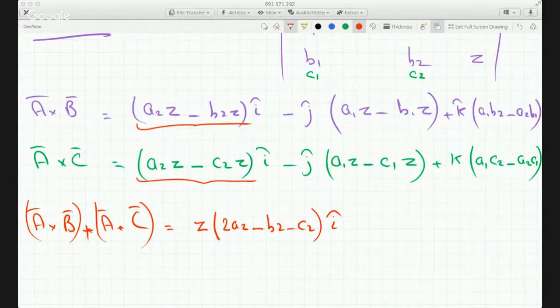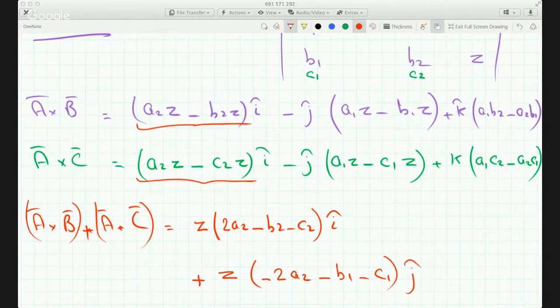Let's go to the jth component. We're going to bring the plus sign in. So plus j. Again, z is a common factor. So let's just leave z out. So we will have minus 2a2 minus b1 minus c1 j.